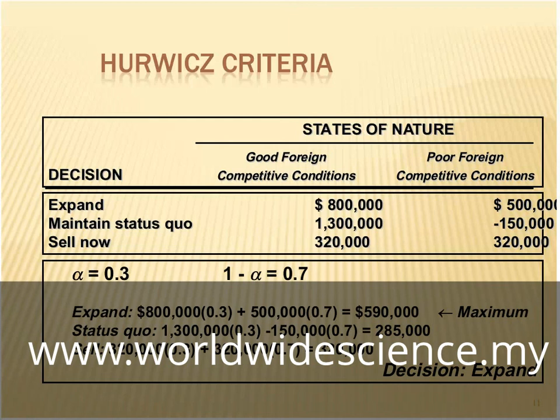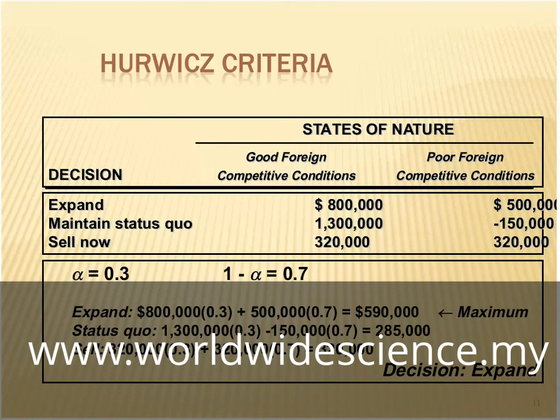So in the expand, in the good firing competitive condition, 800,000 you should multiply by 0.3, and 500,000 because it's poor firing competitive should multiply by 0.7. 800,000 multiply 0.3 plus 500,000 multiply 0.7. If you calculate, the result will be 590,000.